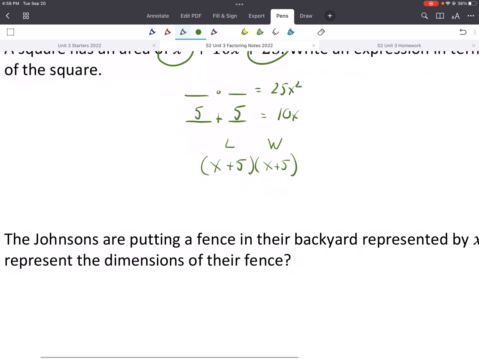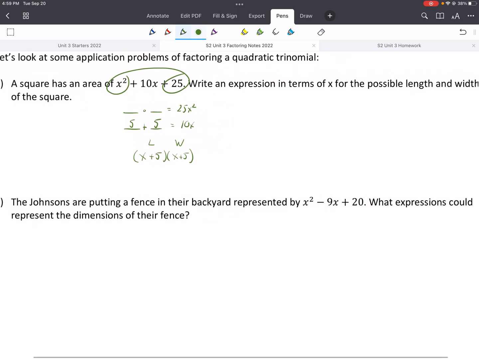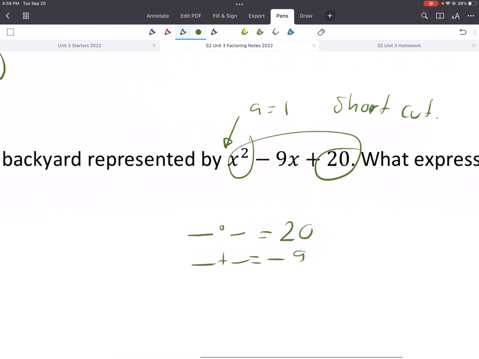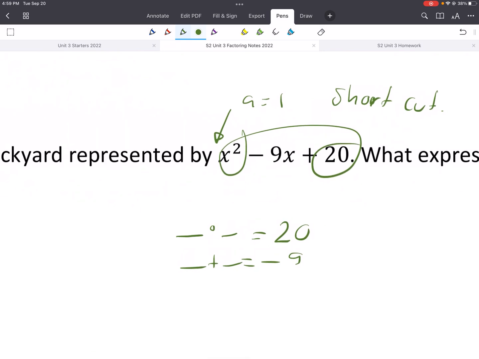so there you go. Here's one that's not square, but it's the same sort of thing. A is 1, so we could use the shortcut. We just need to figure out what multiplies to 20 and adds to -9. Okay, if they have to add to -9, and this is positive, they both have to be negative, right?